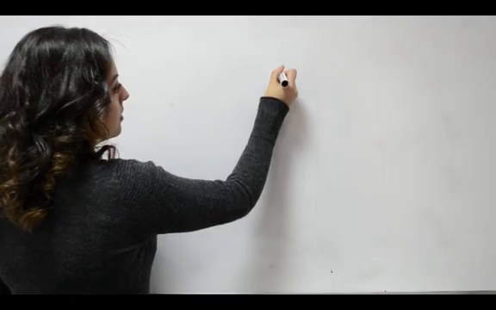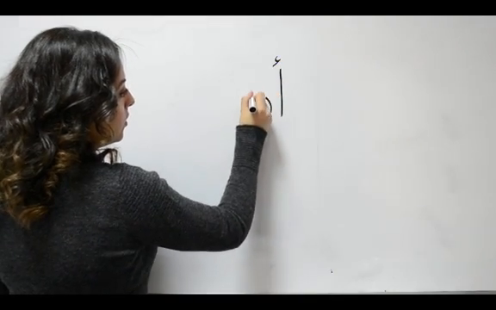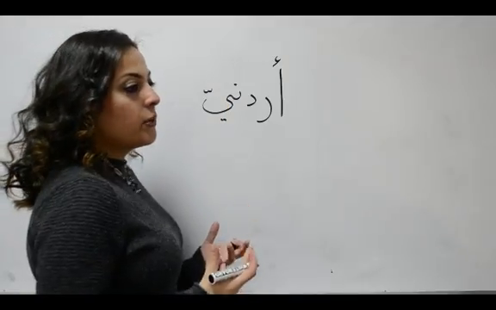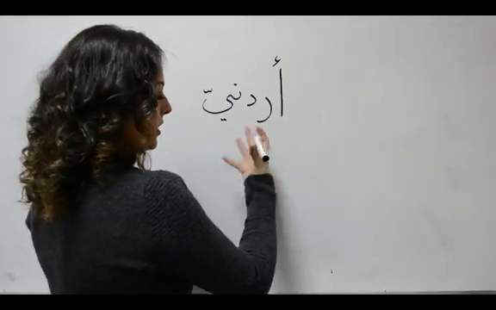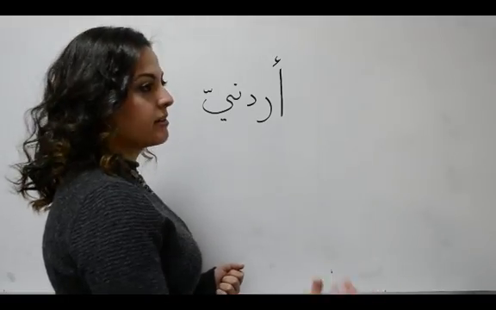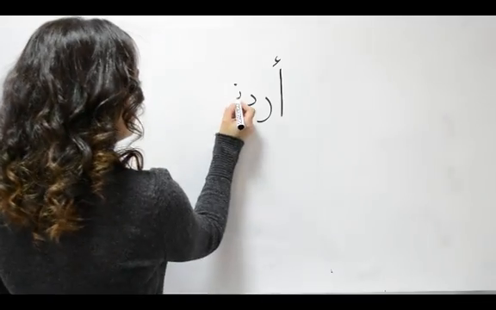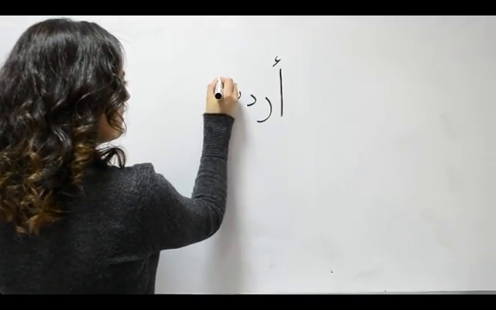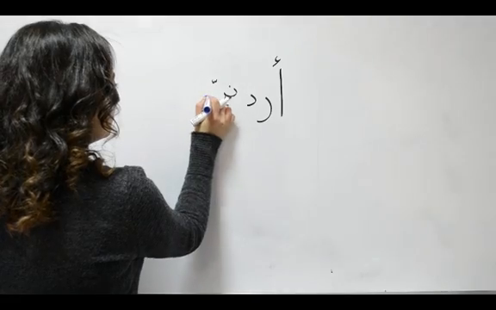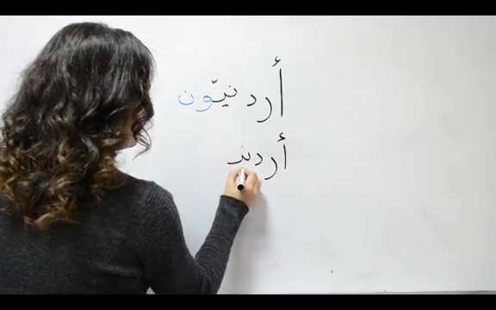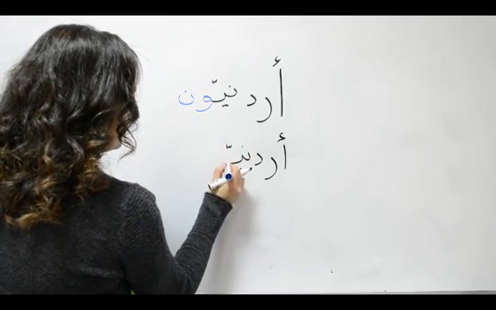Let's take the word Jordanian. Jordanian is Urduni. If I want to say Jordanians, and Urduni refers to a human masculine noun, what I simply do is keep the ya and add un, or another choice would be to add in.